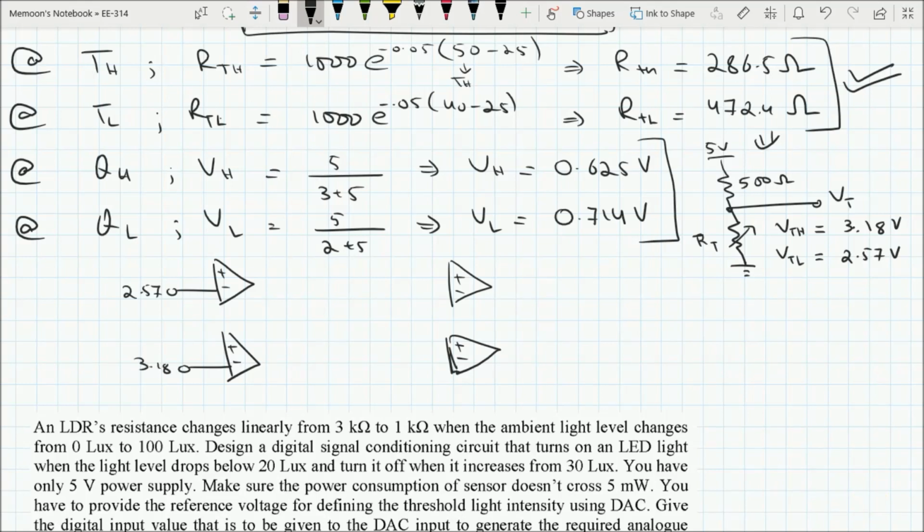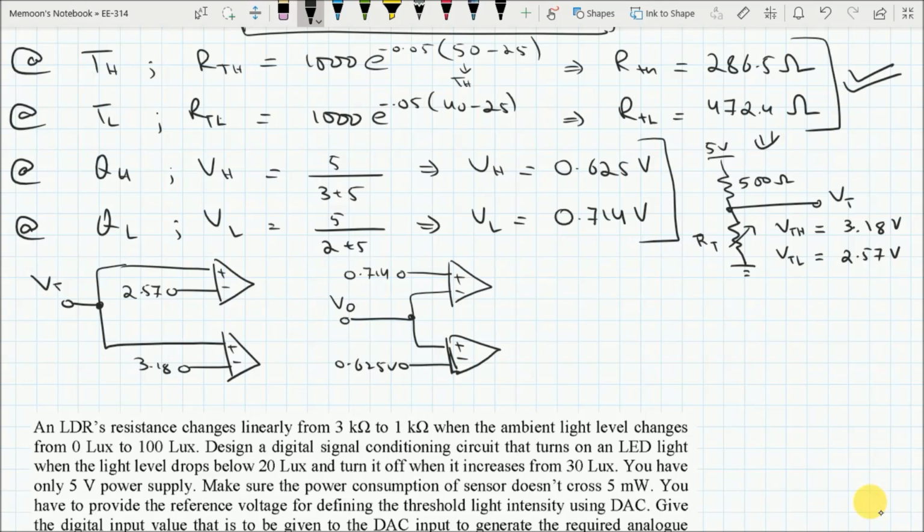And in case of flow sensors, we have our reference voltage equal to 0.714 volts, and our other reference voltage equal to 0.625 volts. And here on the positive input terminals, we have our V temperature, and here on the positive and negative inputs we have our V flow.